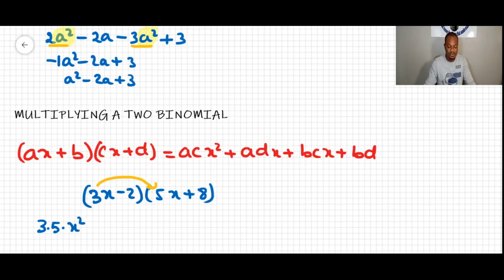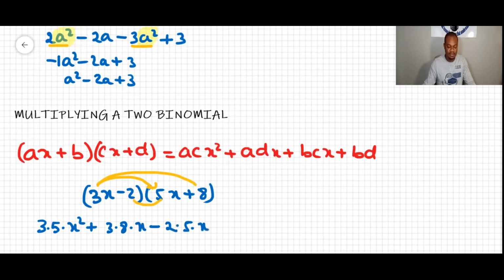And then I do 3x times 8. So this will be plus 3 times 8 times x. And then I'm going to do negative 2 times 5x. So this will be negative 2 times 5 times x.